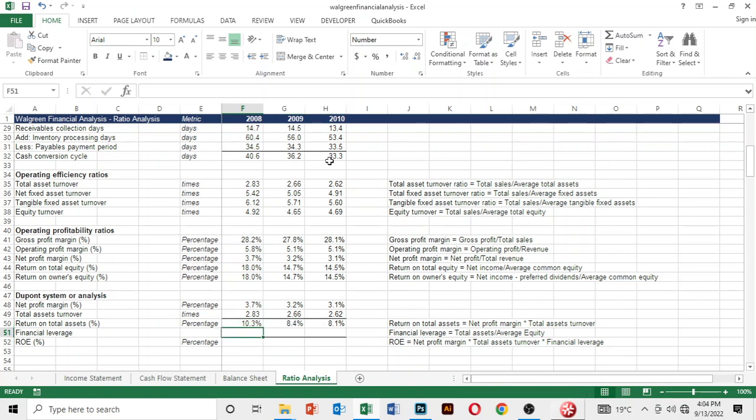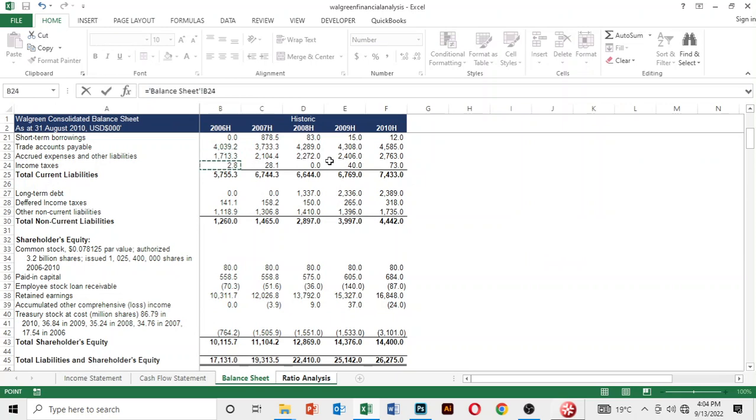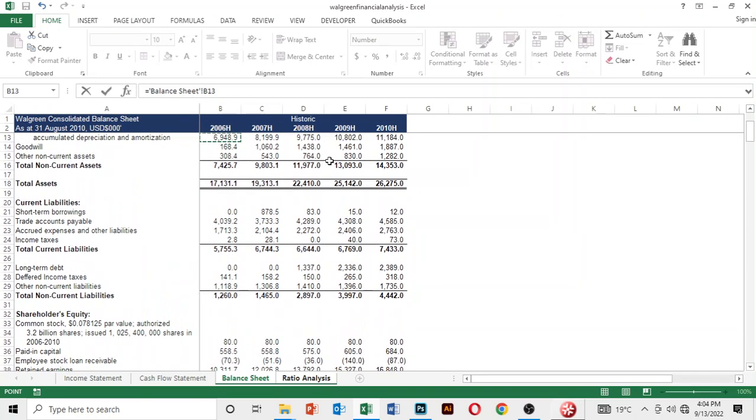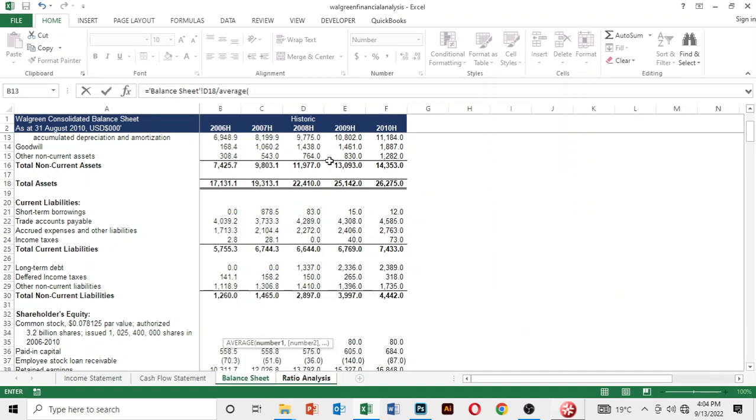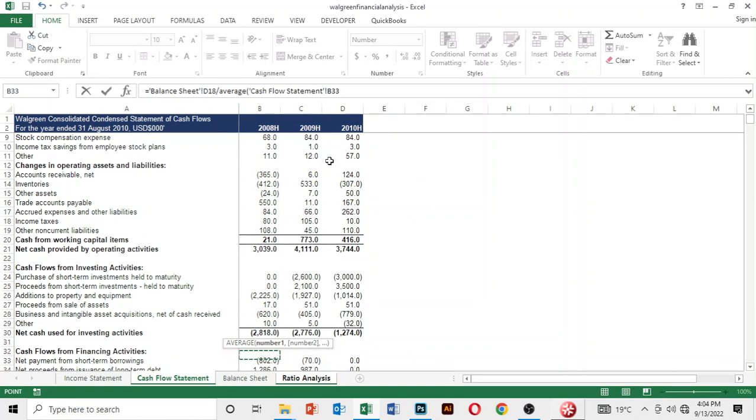And here we have got financial leverage. Financial leverage is total assets divided by average equity, right? So that's what we want to do now. So let's say total assets divided by average equity.